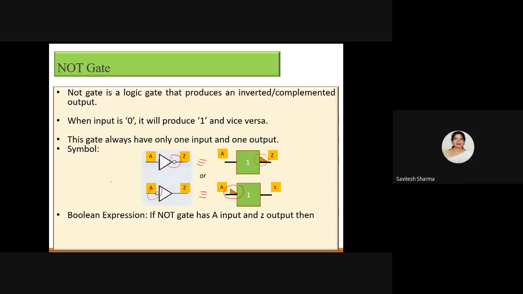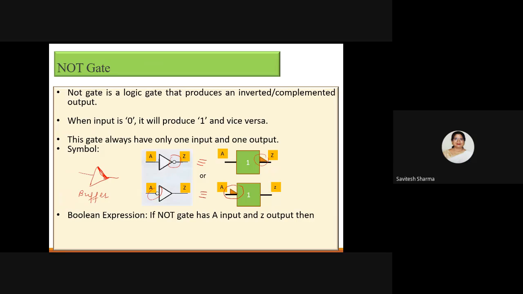Sometimes you will see a symbol that is a simple triangle. This simple triangle symbol is not an inverter. Please don't confuse. If you have a symbol that is only a triangle, it is actually a buffer. This is another component. So please don't confuse the NOT gate symbol and the buffer symbol.